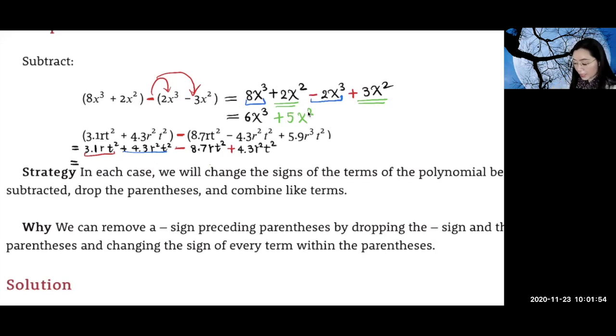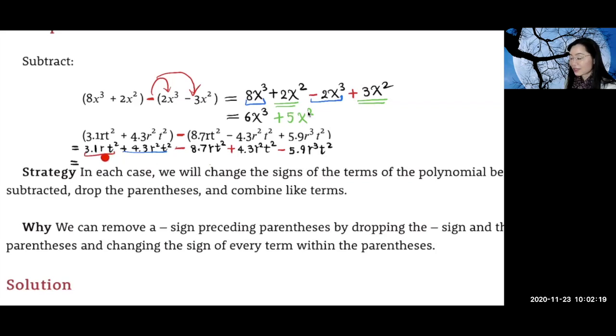And now here, minus this, so this addition becomes minus. So minus 5.9 r cubed t squared. Now let's see what are the like terms. So this one and what else are like terms?